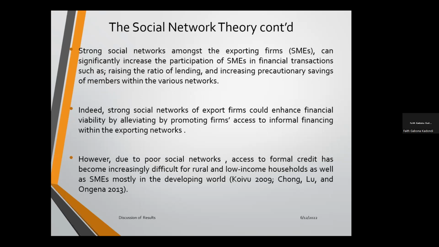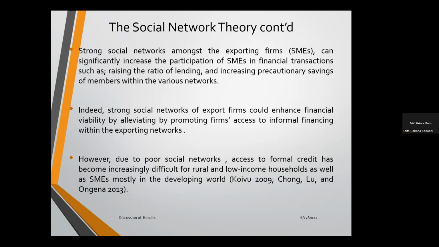Still under the social network theory, if there are social networks within coffee exporting SMEs, it can significantly increase their participation in financial transactions, such as raising the ratio of lending and increasing precautionary savings of members within the various networks.